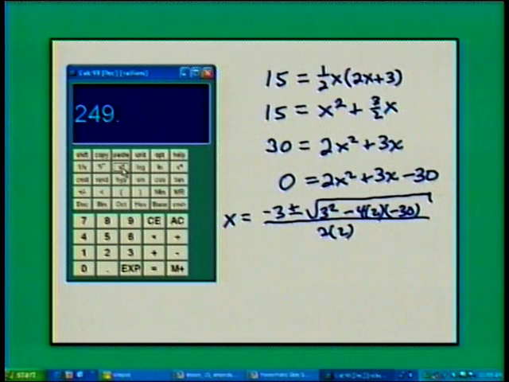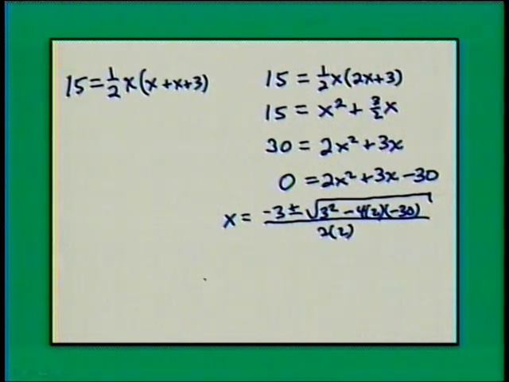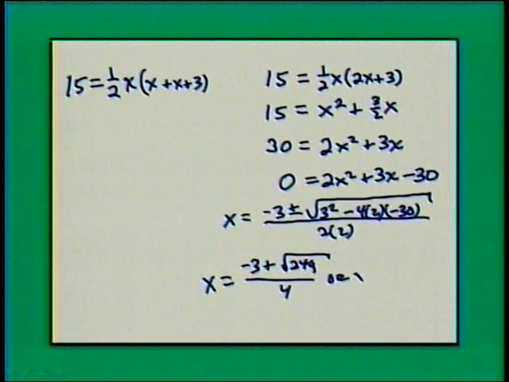So what are my two proposed solutions? Well, x could be negative 3 plus the square root of 249 over 4, or x could be negative 3 minus the square root of 249 all over 4. Now, before I go and get my decimal approximations, I'm going to make a little observation.